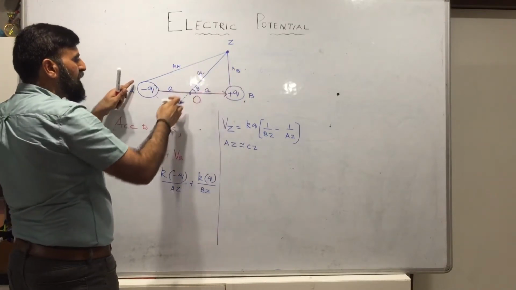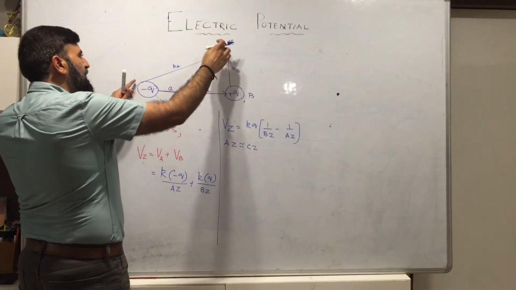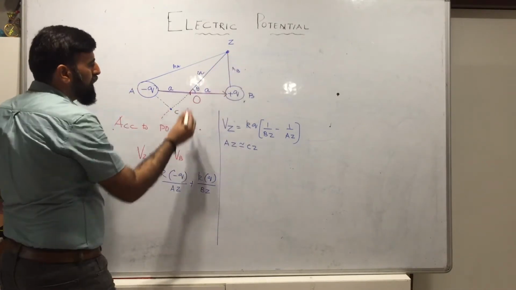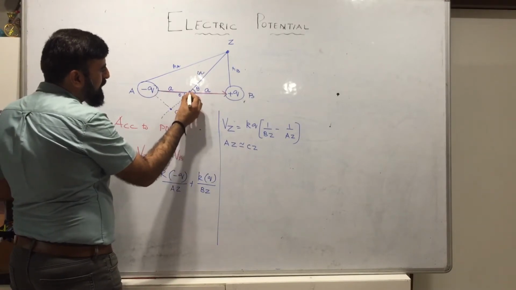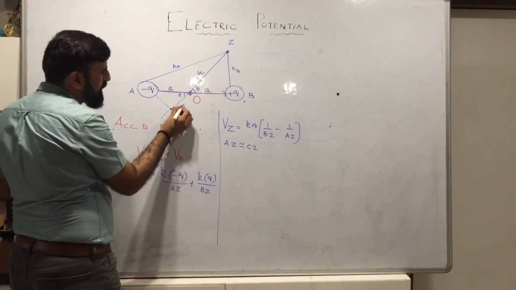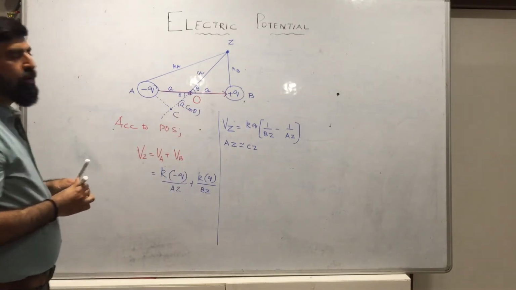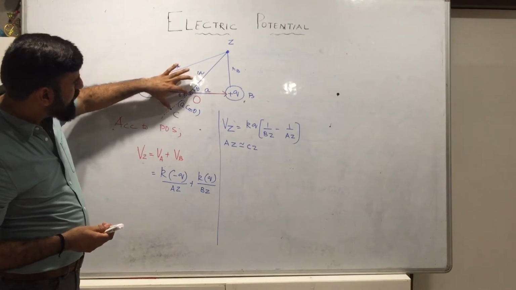I'm extending this line, dropping a line from A on this in such a way that this AZ is equal to CZ. Okay, now this angle is theta, this angle is also theta. If this is A, can I say this OC length is nothing but A cos theta. This OC length is A cos theta. I hope I am clear. This is A, this is theta, so this is A cos theta.